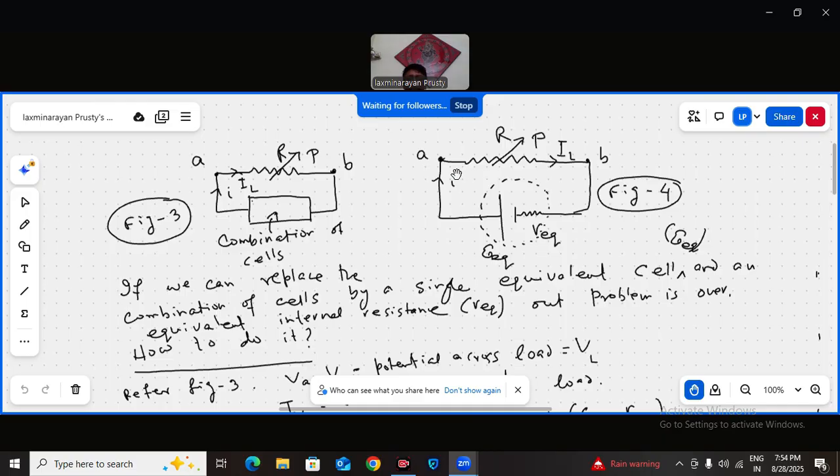If that happens, if I can find one cell which can push the same current through the same potential difference as existing, then we say this is the equivalent of this combination. Whatever may be the combination, there may be hundreds or thousands of cells inside. That's what I wrote here. If we can replace the combination of cells by a single equivalent cell E EQ and an equivalent internal resistance r EQ, our problem is over.